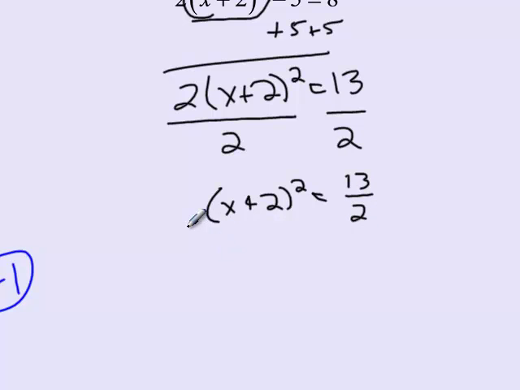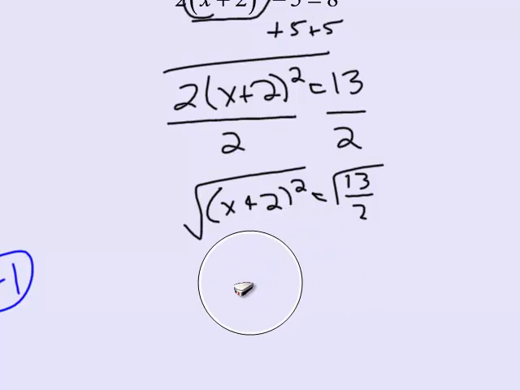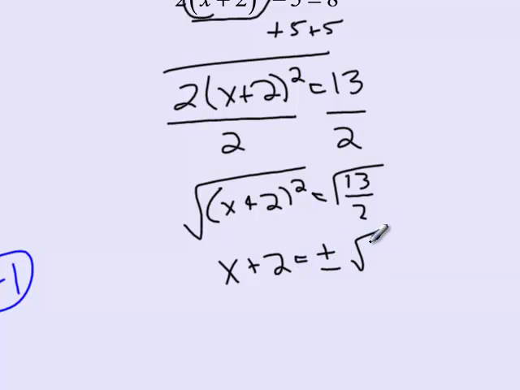All right, and then we square root both sides. Square root the left, square root the right. When I do that, I get x plus 2 equals plus or minus the square root of 13 over 2.